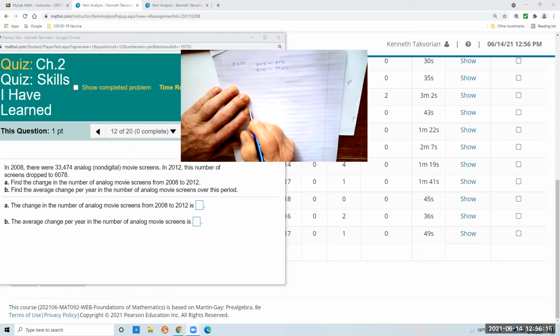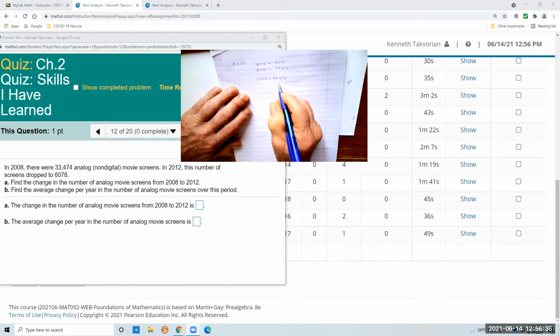So we want to find the change. We take the value in 2012, which is 6078, and we subtract the value in 2008, which is 33,474.